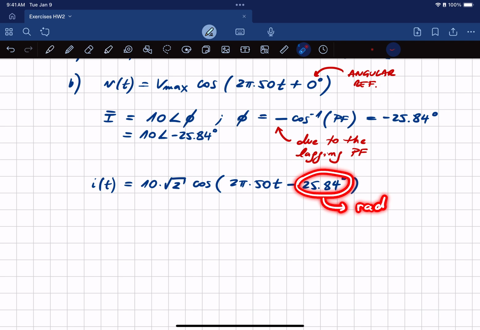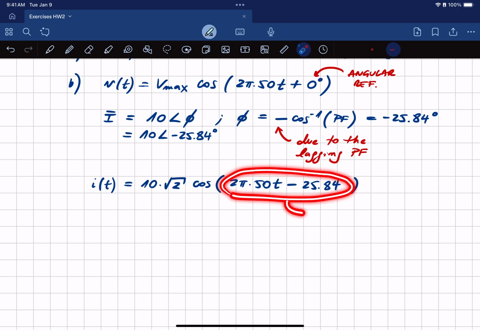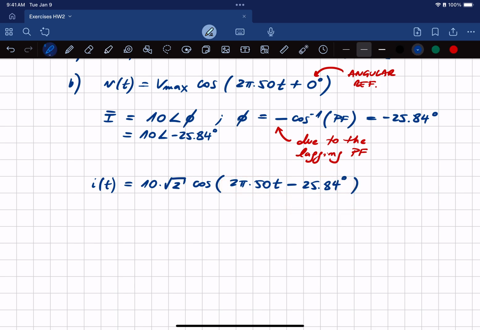The same thing when you calculate cosine of some argument, that argument is either degrees or radians, one or the other. When you select on your calculator, I'm going to use radians or degrees, right? So in this case, we're going to transform everything into radians. To transform this into radians, we simply multiply by pi over 180.